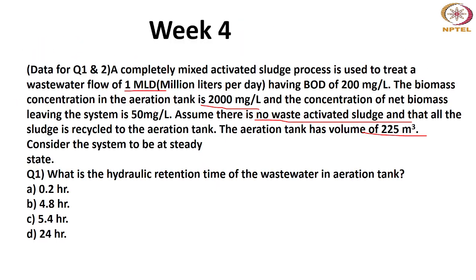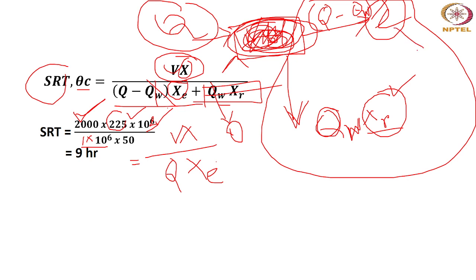It was around, yes, 50 mg per liter. So the net biomass leaving from the system is 50 mg per liter. So this Xc was 50, right? So that's why I'm writing 50 and I'm getting 9 hours. Please check the calculation. There might be some error during this conversion. So check carefully.